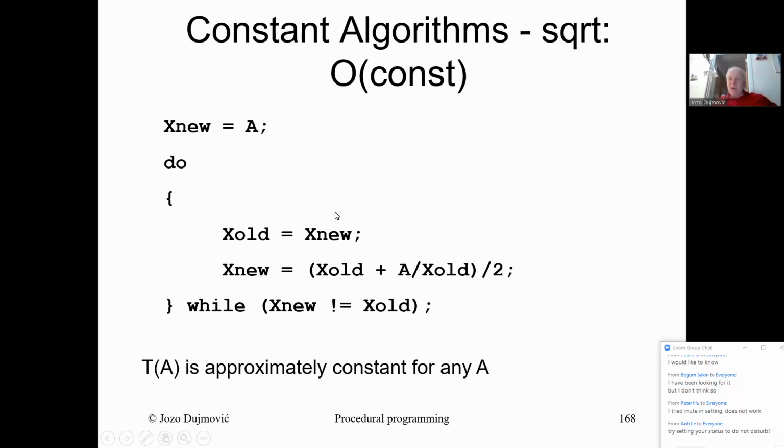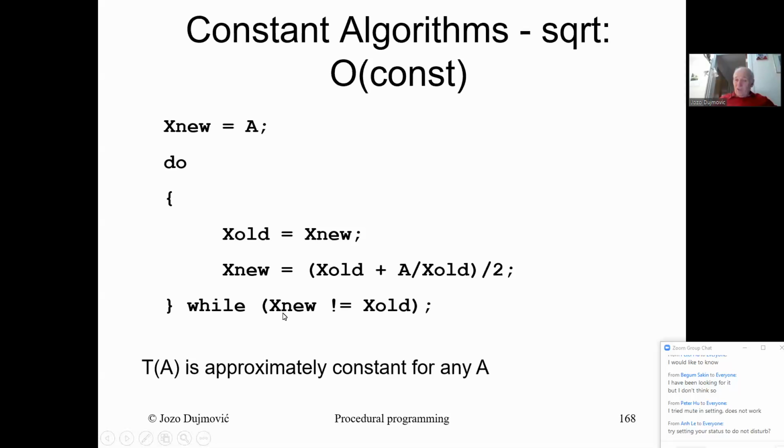You can say, I'm going to compute x new as x old plus a divided by x old, divided by 2. So this is the way how to compute the new value. And then you stay in this do loop as long as they are different.